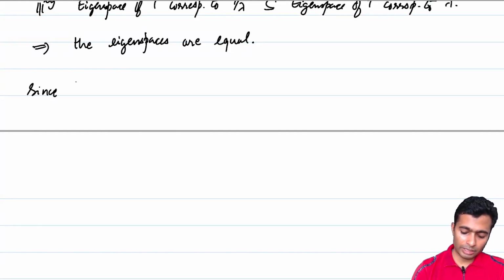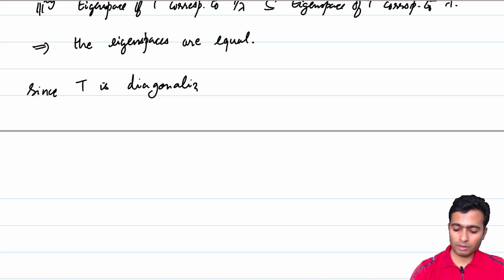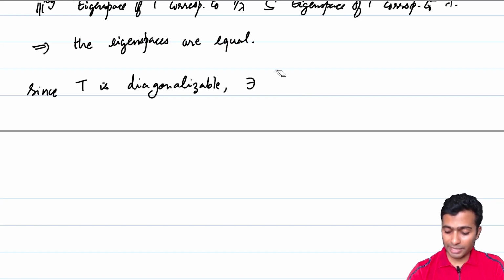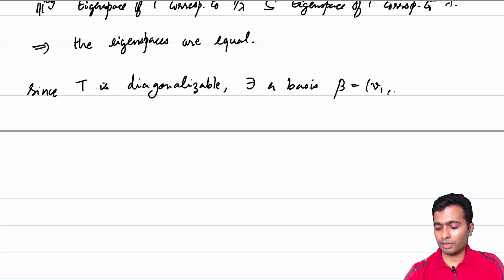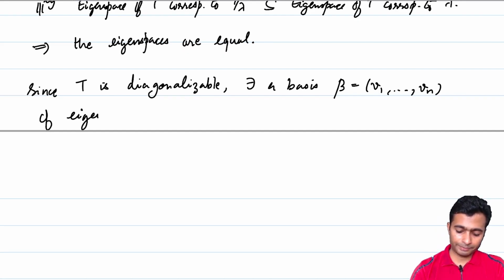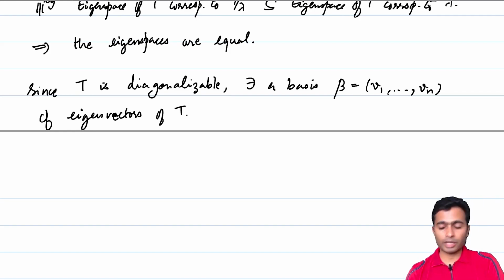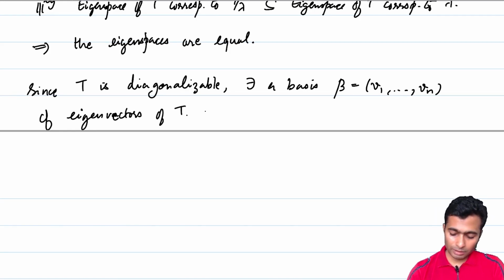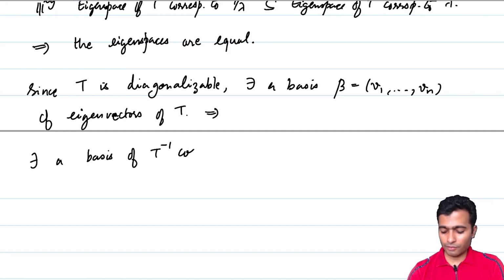Since T is diagonalizable, there exists a basis beta equal to v1 to vn of eigenvectors of T. But these are also eigenvectors of T inverse. This implies that there exists a basis of T inverse consisting of eigenvectors.